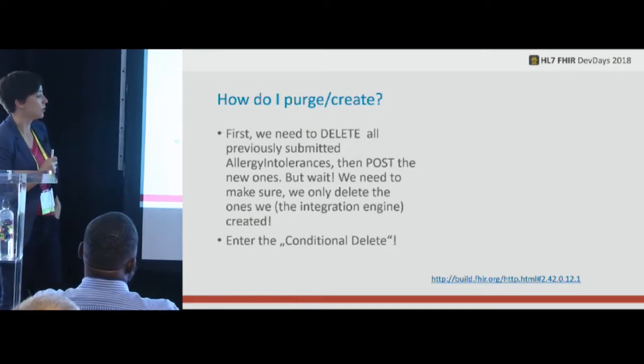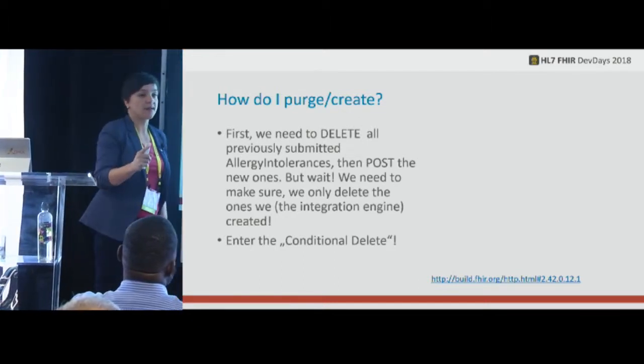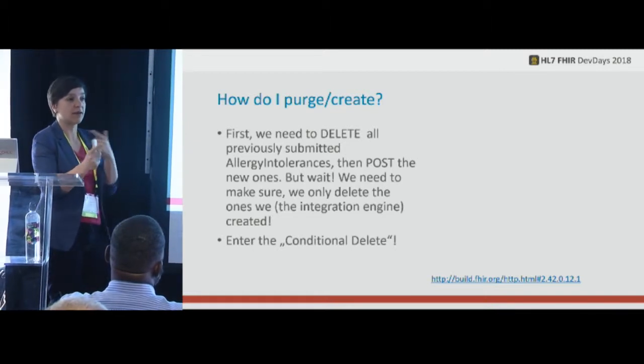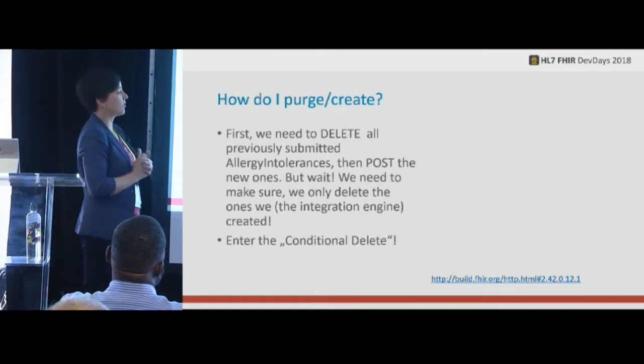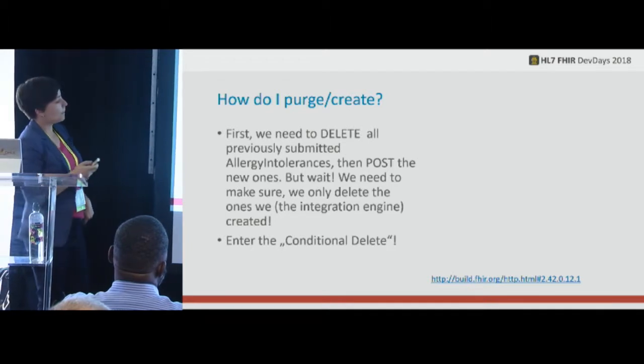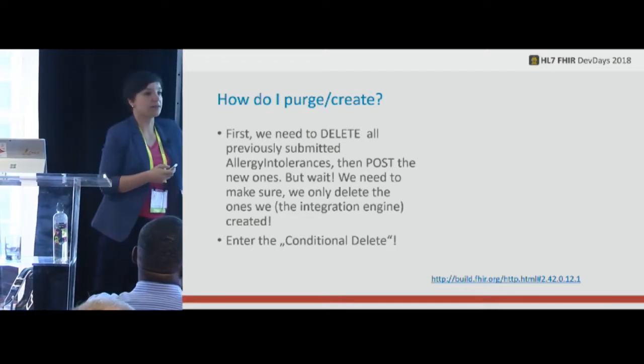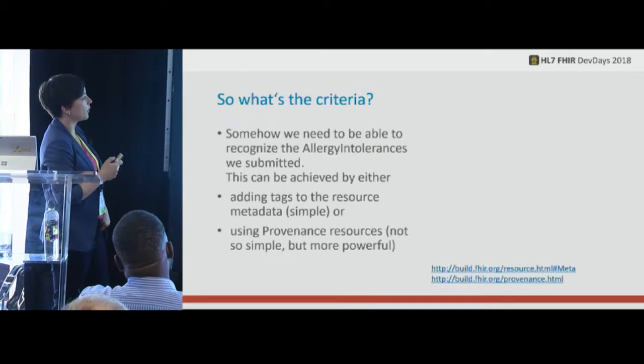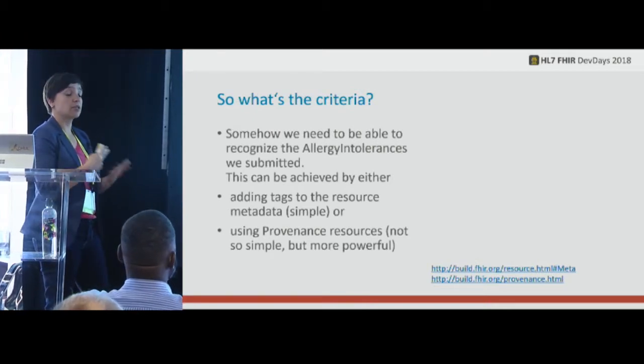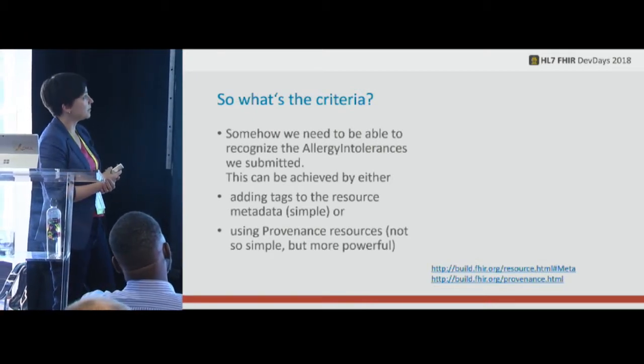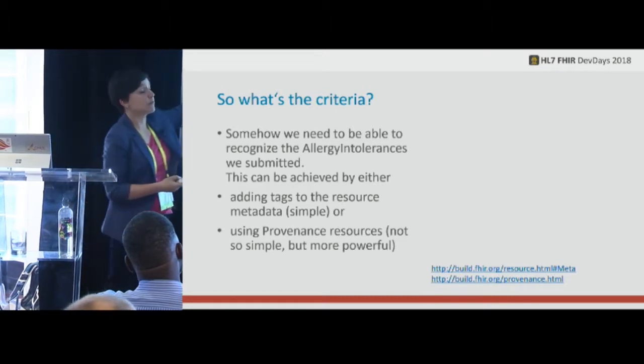So we have to make sure that we only delete the allergy intolerances that have previously arrived through the same channel on the server. So we would have to use a conditional delete to make sure that we delete the proper resources, which basically works the same way as the conditional update. But the problem is, what's the criteria?